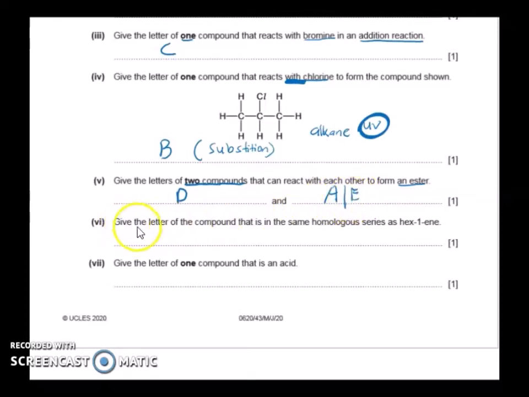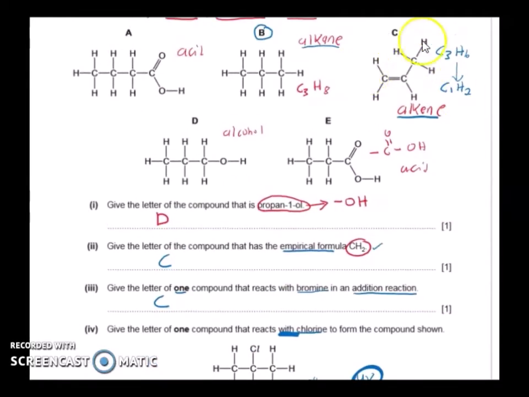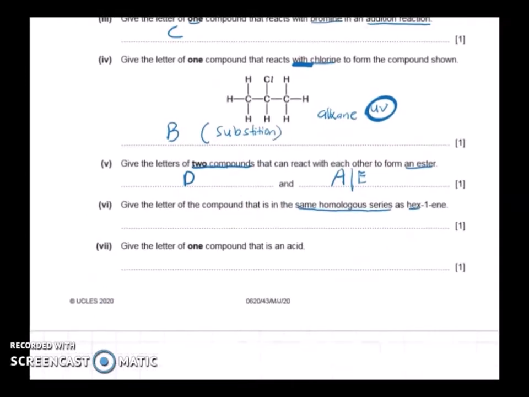Now, give the letter of the compound that is in the same homologous series as hex-1-ene. So it should be the same group as this alkene, which is group C. So your answer here will be C.